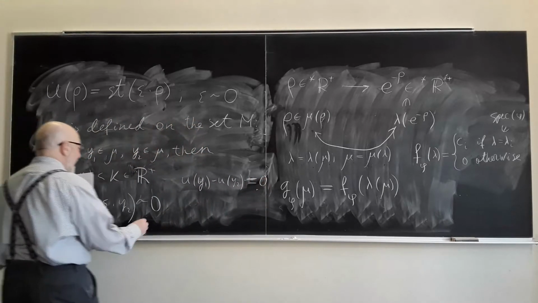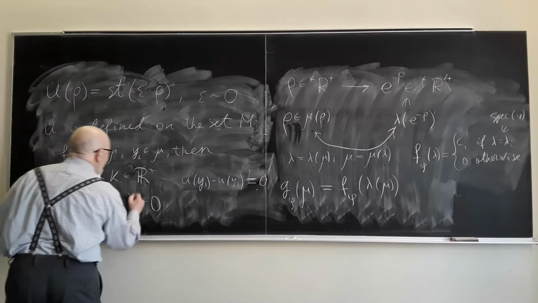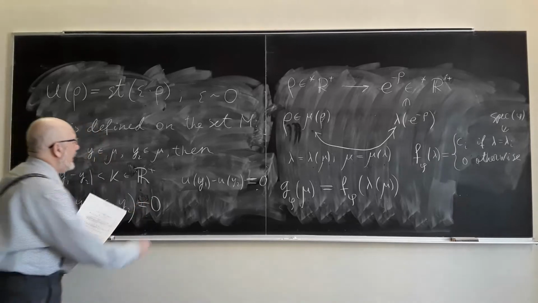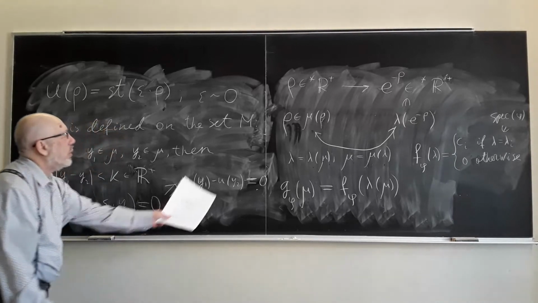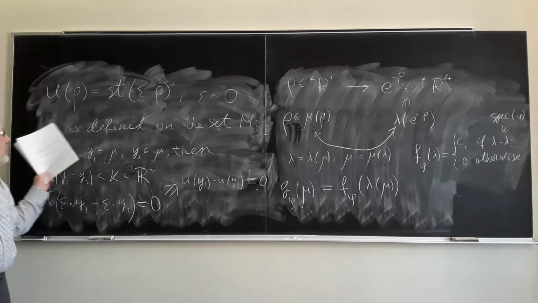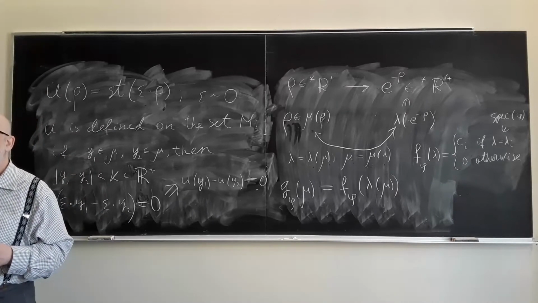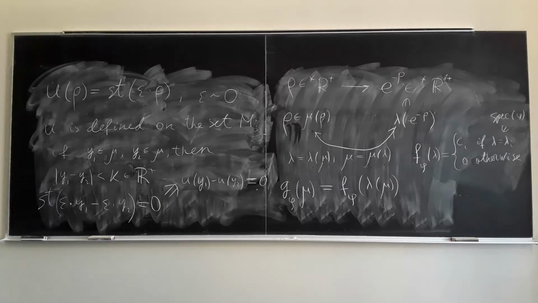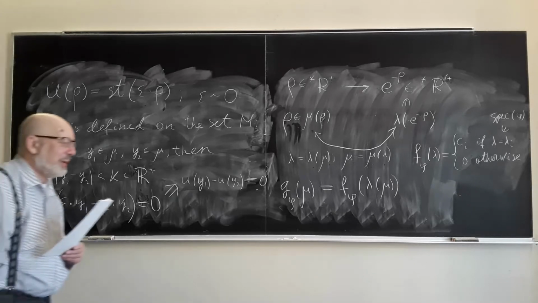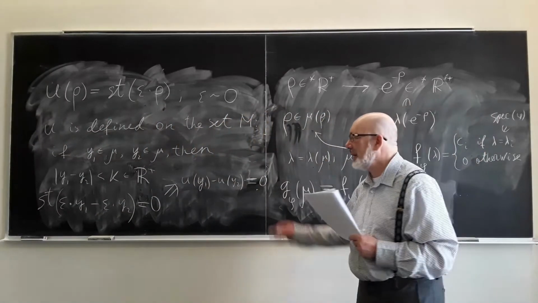Let me write: the standard part of this equals 0, and hence u of y1 minus u of y2 is 0. This means that u is constant on each set mu. Yes, it is constant. So we can think that u is a function on the set of these small sets mu.